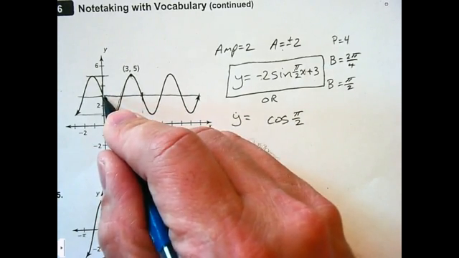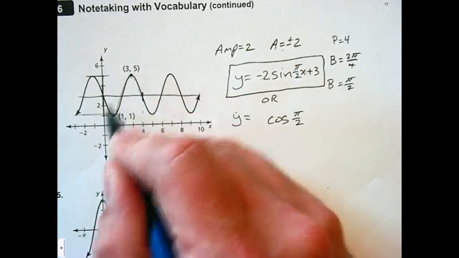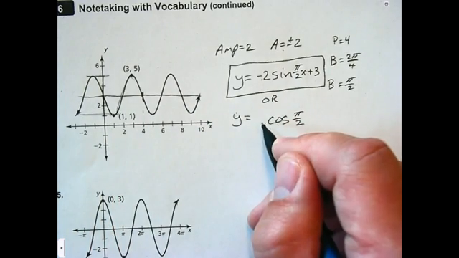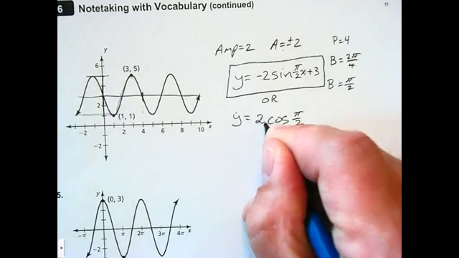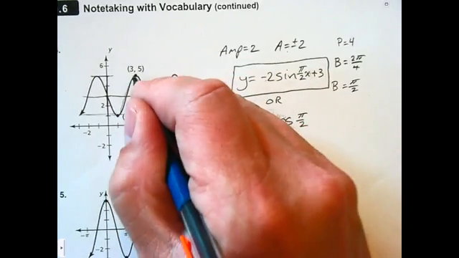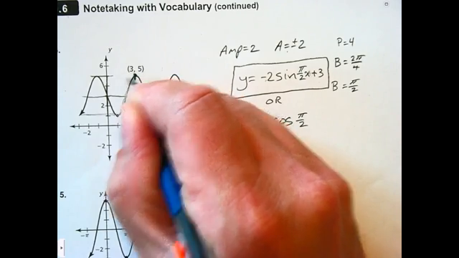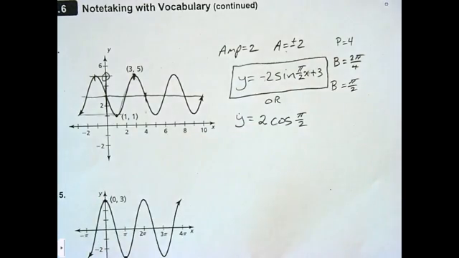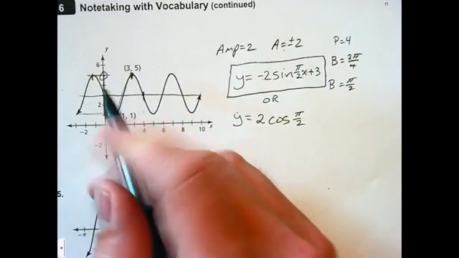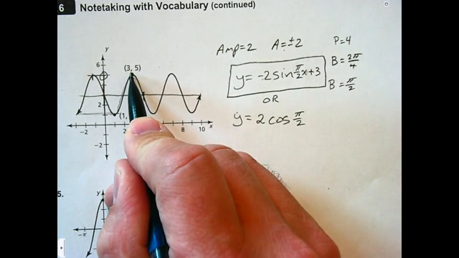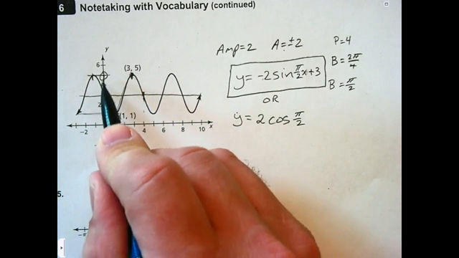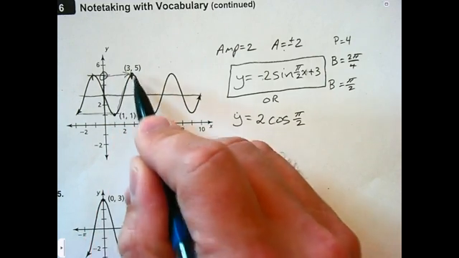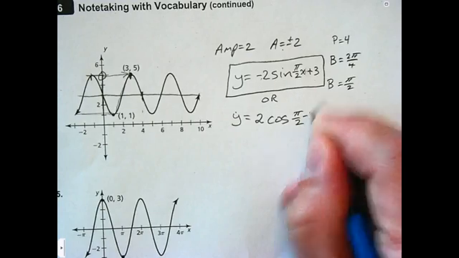But if you're using cosine, then you're going to have a phase shift, right? So did you use positive or negative 2? Okay, so if you use positive 2, then this point right here has to get to there. So if I'm moving this from here, it's shifting this way, that would be minus 3.